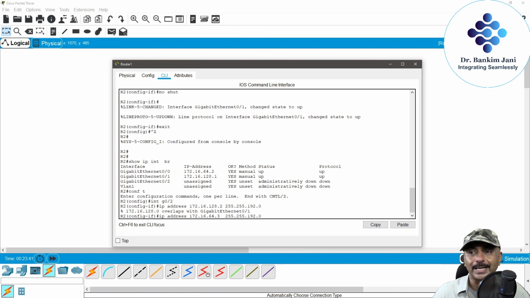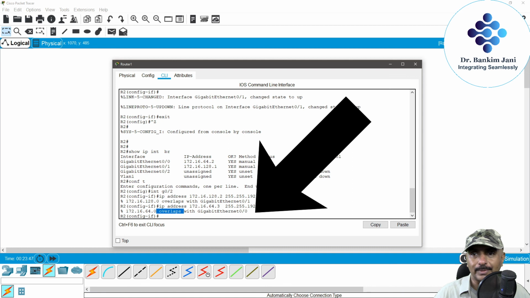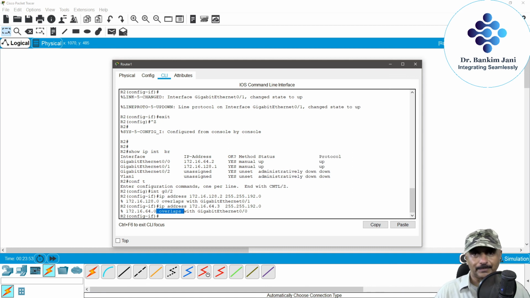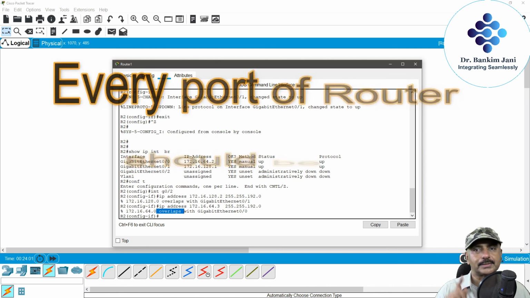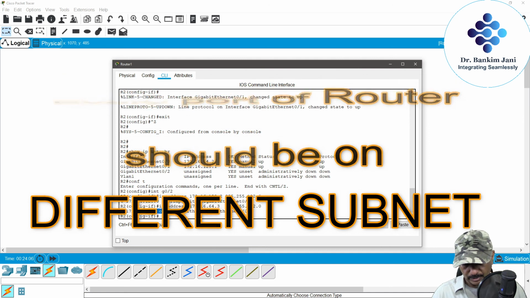That it is overlapping, this time with 0/0. Correct. See, it overlaps with 0/0. Got the idea? So the point is that for every interface of the router you have to give IP addresses belonging to different subnets. And this is another important rule.